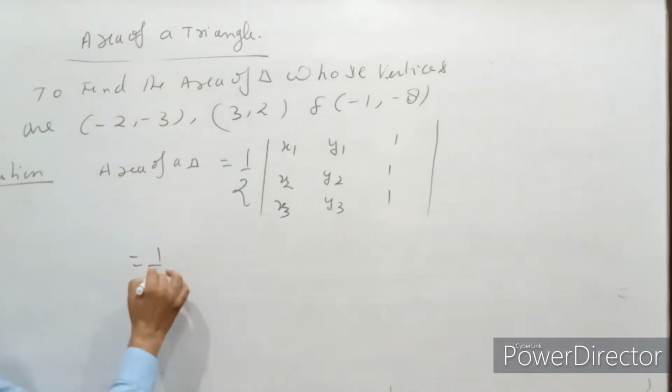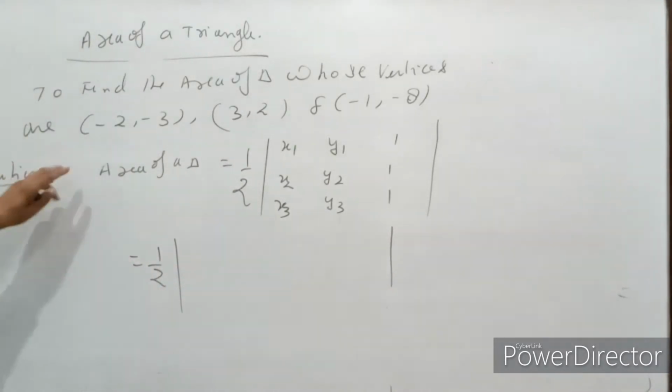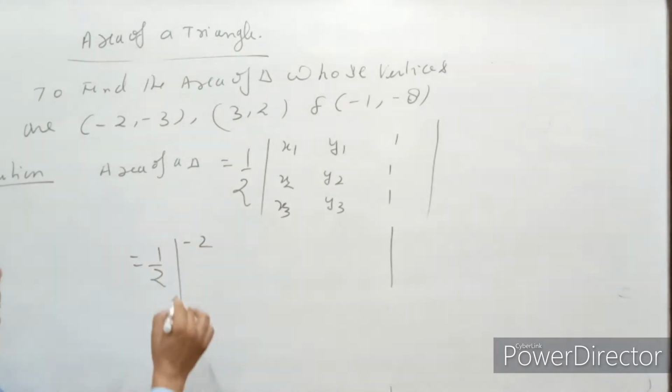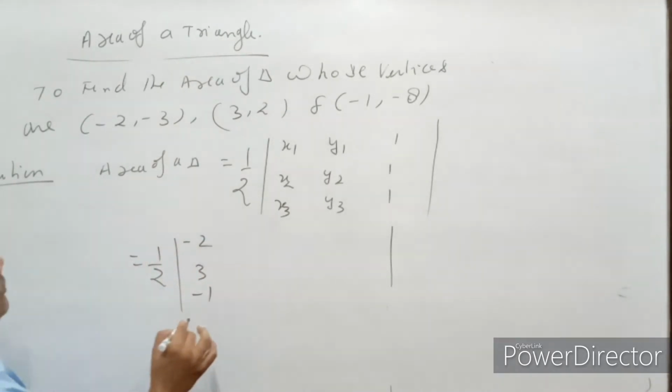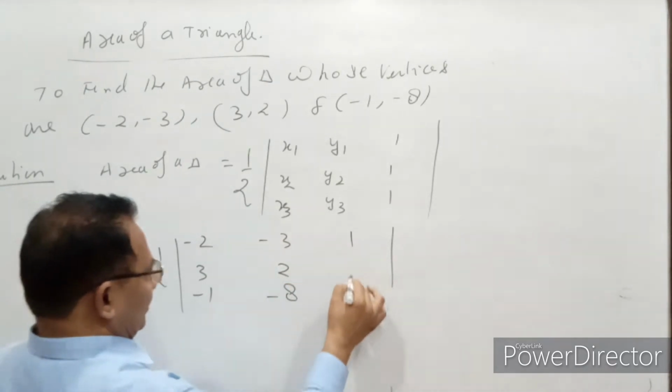So this is equal to 1/2 times the determinant. Here the x coordinates are -2, 3, -1, the y coordinates are -3, 2, -8, and 1, 1, 1.